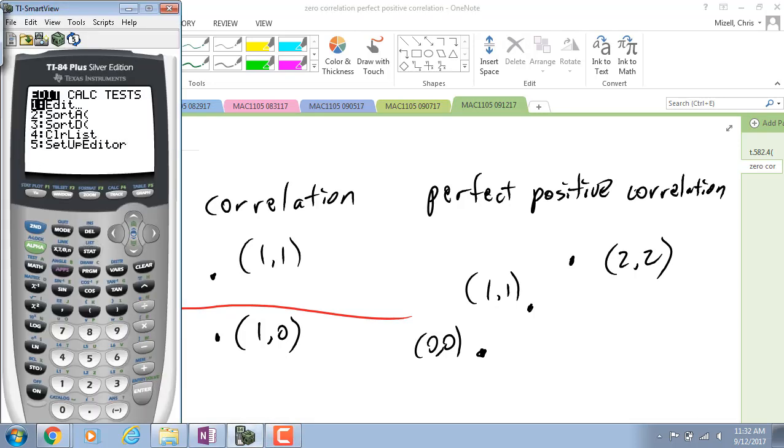So stat, edit, 0, 0, 1, 1, 2, 2, and then delete that. Living dangerously here by deleting these items, but I don't want to clear the list. Any 3 points that all lie on the same straight line that happens to have positive slope.